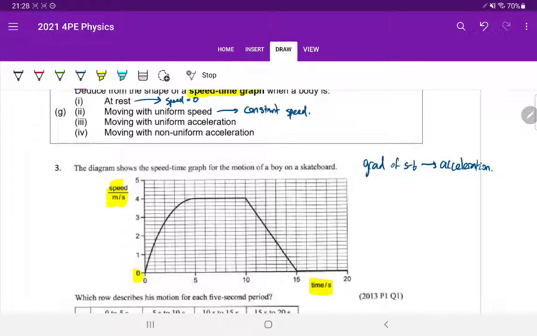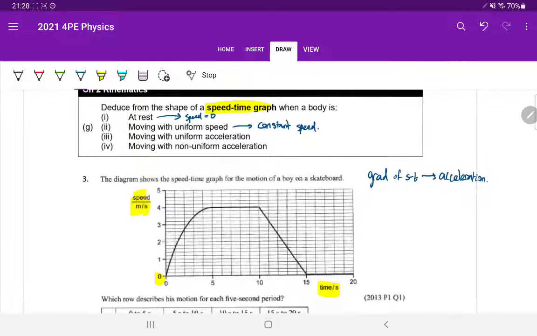So when is it moving with uniform acceleration? Uniform acceleration means constant acceleration. So again, the question to ask yourself is the same as in the distance time graph questions: how is the steepness changing? When you're trying to see acceleration, you're looking at the gradient, and the gradient is, in colloquial terms, simply the steepness.